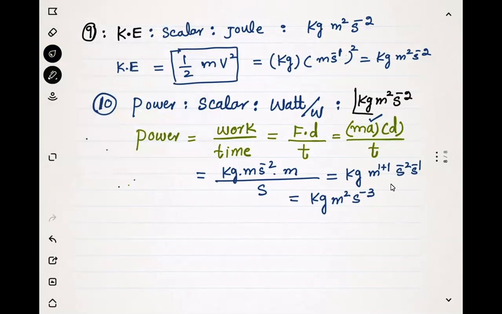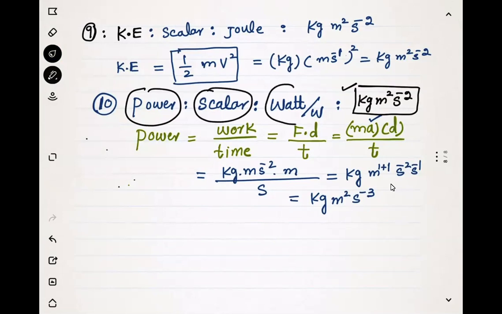Power is a scalar, its unit is watt, and its base unit is kilogram meter square second minus 3. It's energy over time. So this is for power.